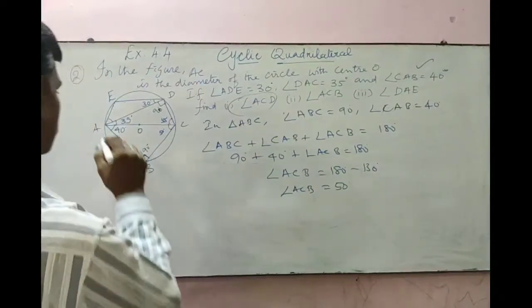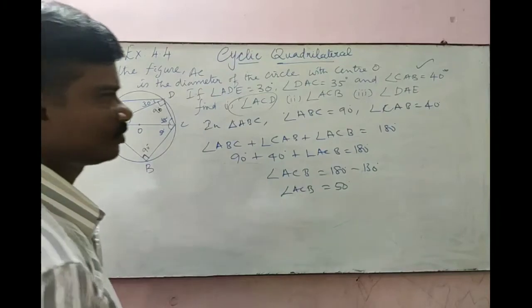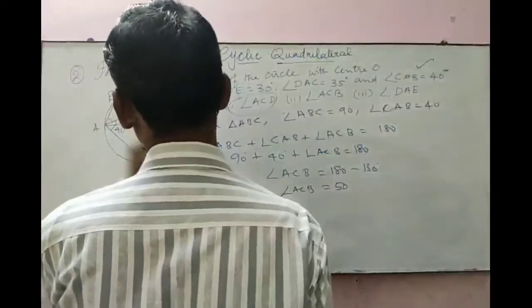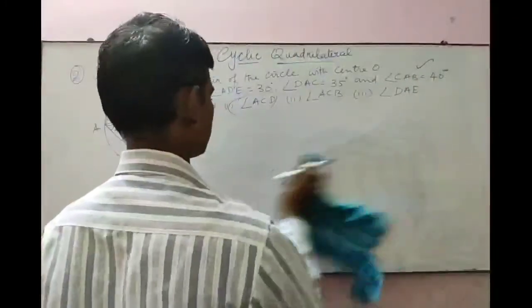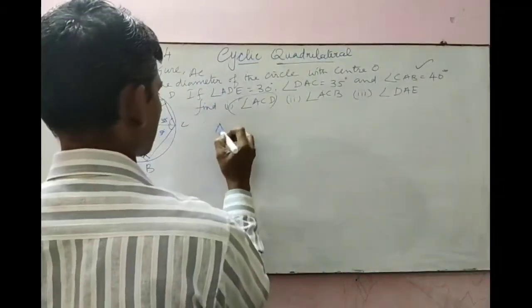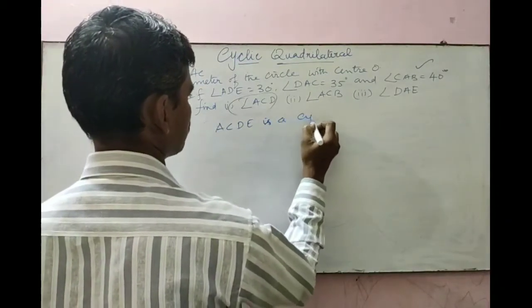Then the last one is angle DAE. How are we going to do this? I am going to use the cyclic quadrilateral property. Here ACDE is a cyclic quadrilateral.